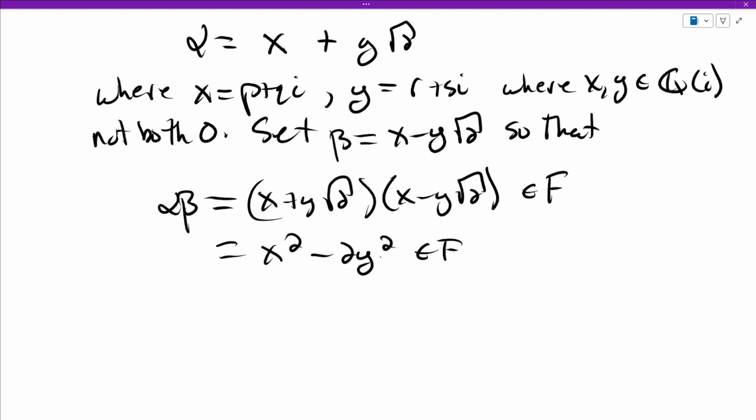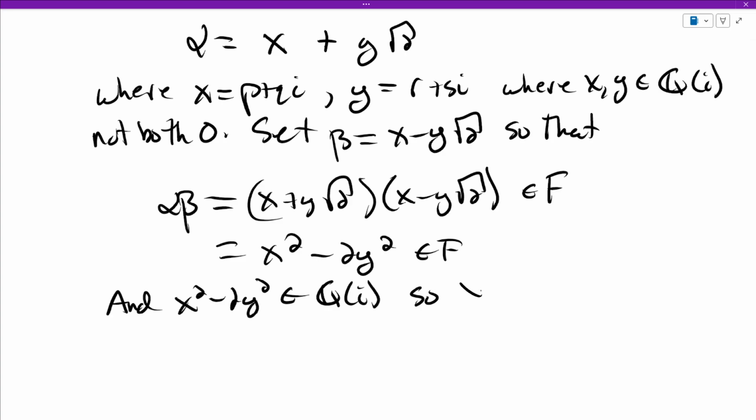And let's notice something about x squared minus 2y squared. There's no longer any root 2's. X and y involve only rational numbers in I. So x squared minus 2y squared is actually in this set Q adjoin I that we looked at earlier and we proved really rigorously was the right thing.